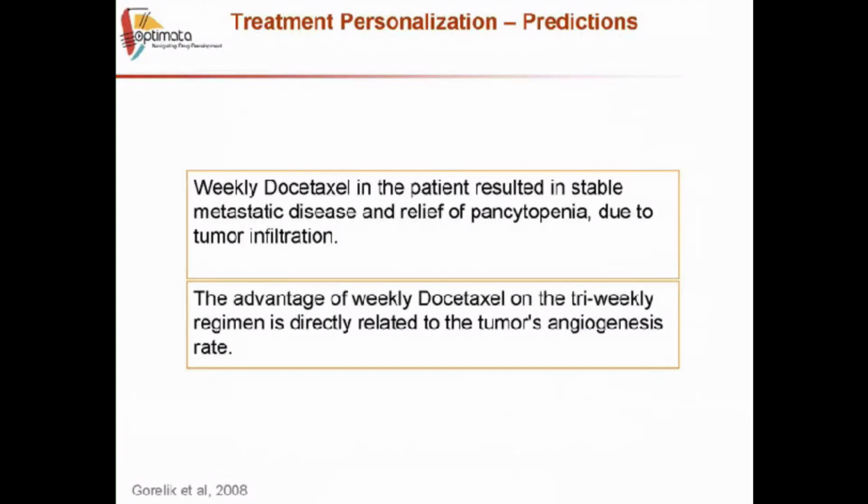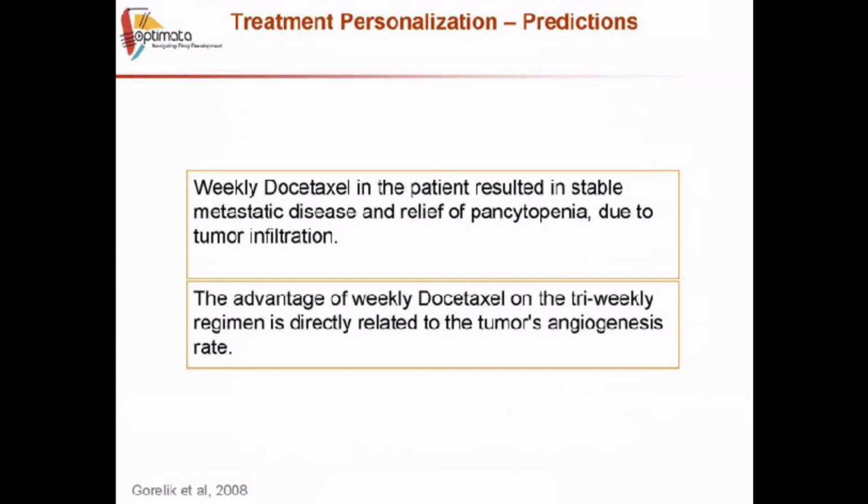The weekly docetaxel in that patient resulted in disease stabilization for the first time after a very long time, and relief of pancytopenia, which was really remarkable, I have to say. And we went on and studied this effect on efficacy, and our conclusion is that the advantage of weekly docetaxel over the 3 weekly regimen is directly related to the tumor angiogenesis rate in the patient.